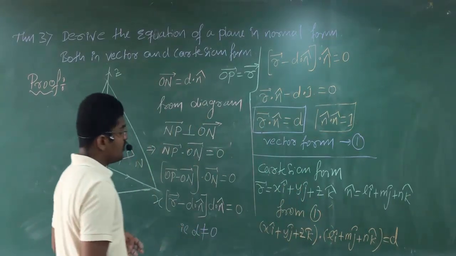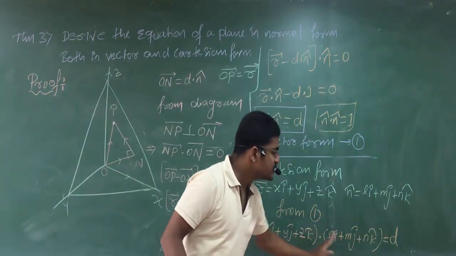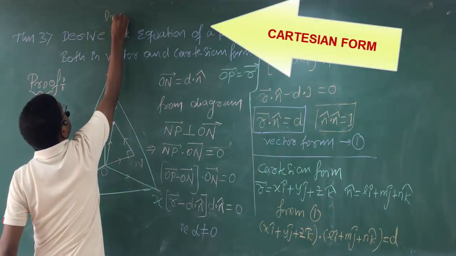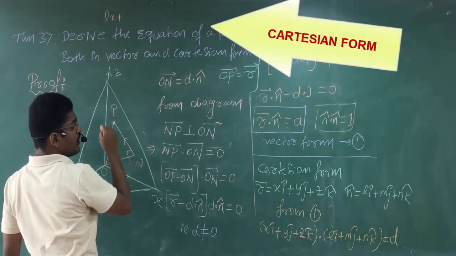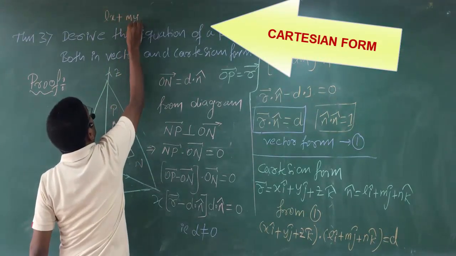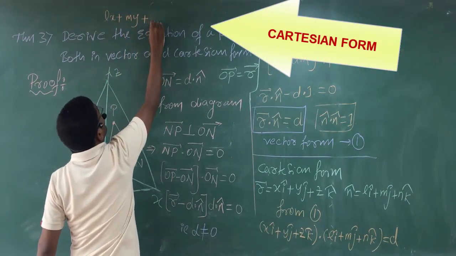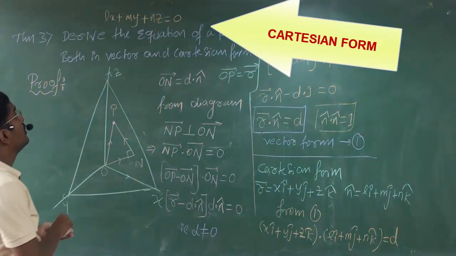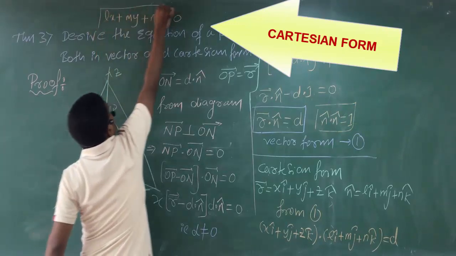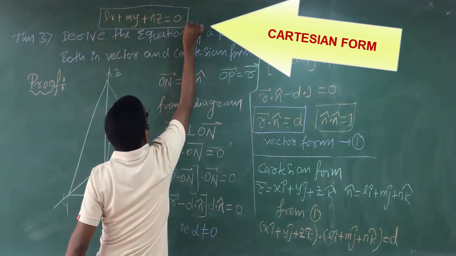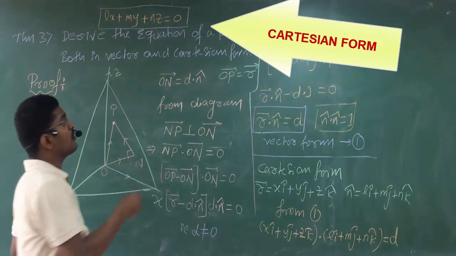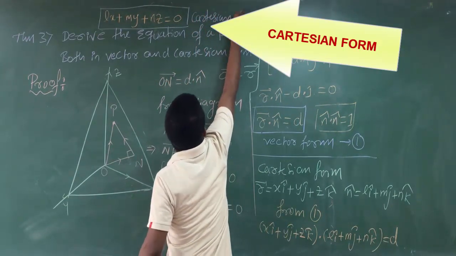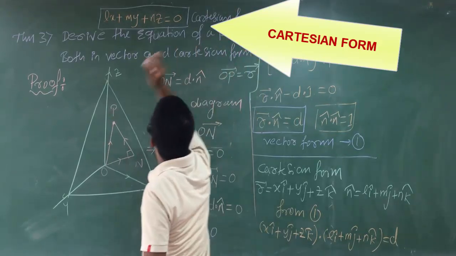So now if you make the dot product of these two, it will be Lx plus my plus nz equal to d. This is the proof of your Cartesian form. Clear, students?